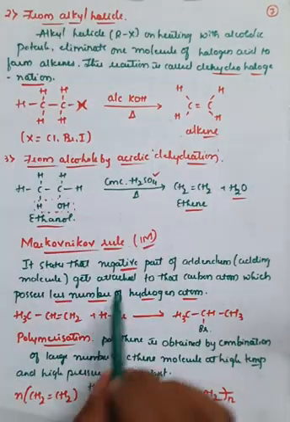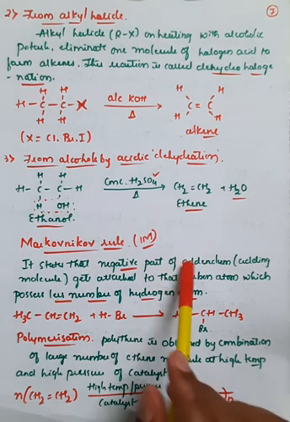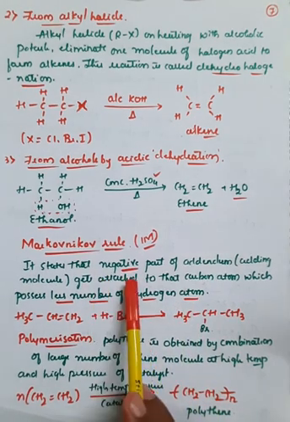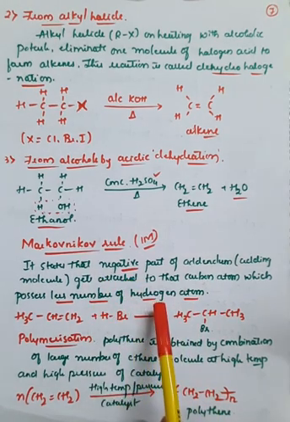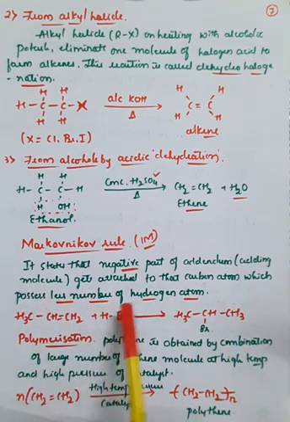In case of Markovnikov's rule, observe here. It states that the negative part of the addendum, that is the adding molecule, gets attracted to the carbon atom which possesses the lesser number of hydrogen atoms.